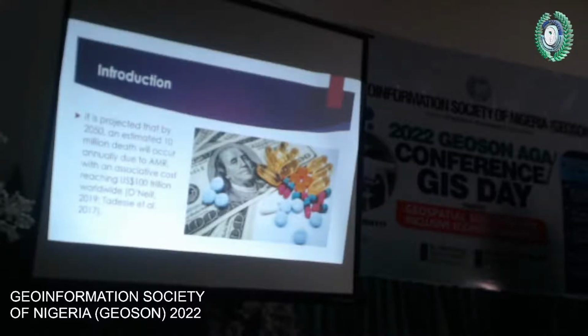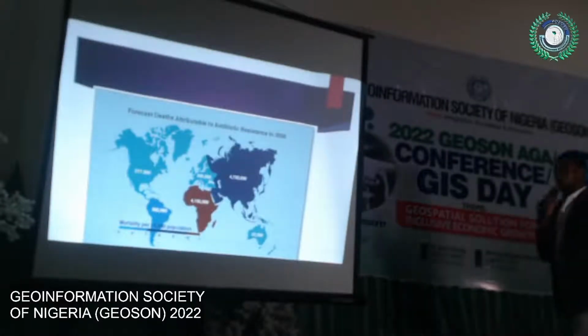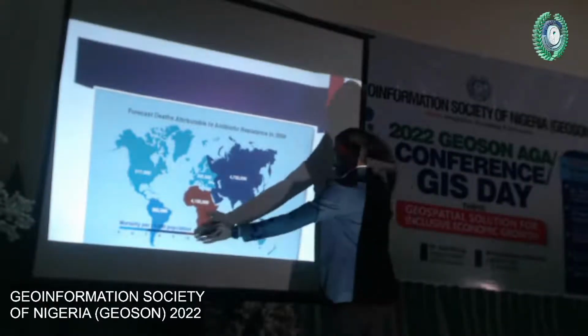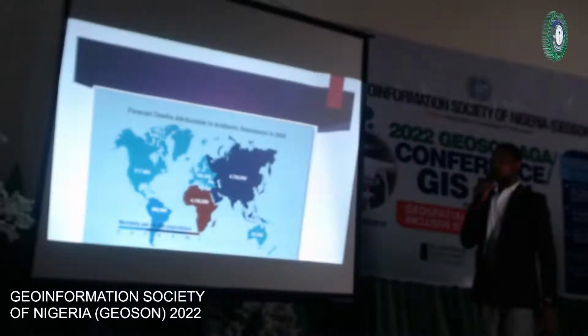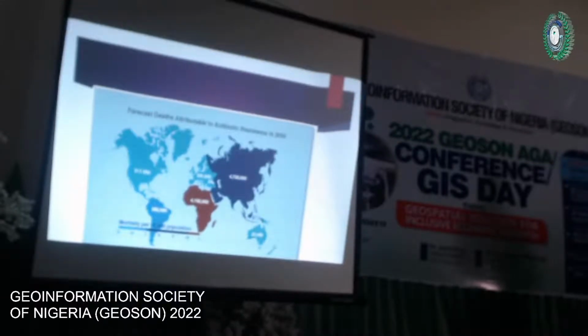The huge problem in 2050 will be in Africa. In Africa, you can see that the highest number of deaths due to antibiotic resistance in 2050 will be in Africa. But unfortunately, we don't know what is happening around Africa, how the medical system is preparing to combat this problem.